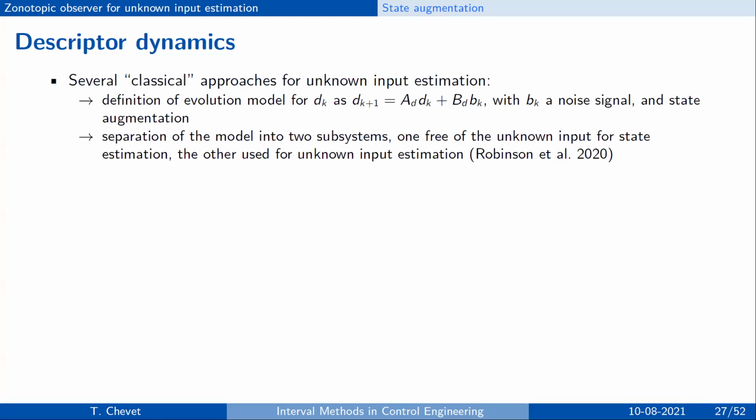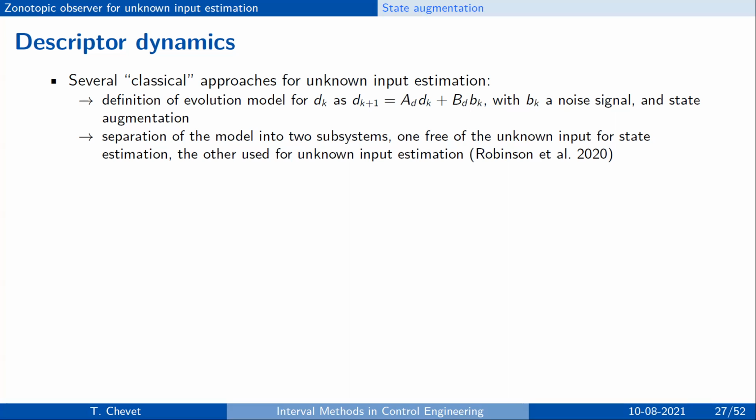We augment the state with this new model, with both the state and the unknown input in this new state vector. Or we can also find strategies splitting the system into two subsystems, one free of the influence of the unknown input and one influenced by this unknown input.